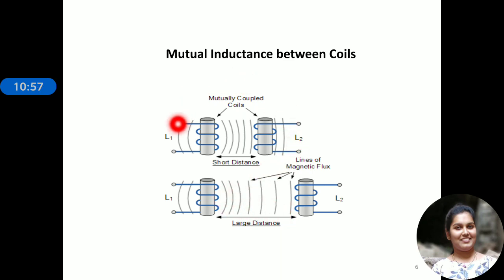So the mutual inductance that exists between the two coils can be greatly increased by positioning them on a common soft iron core, or by increasing the number of turns of either coil, as wound in a transformer, right? Either by increasing the number of coil turns or by positioning them on the same core material, we can increase the mutual inductance.